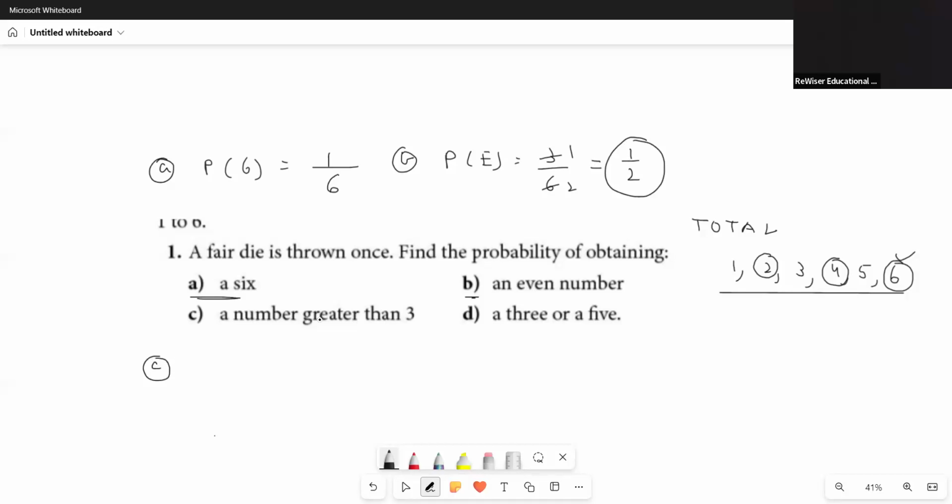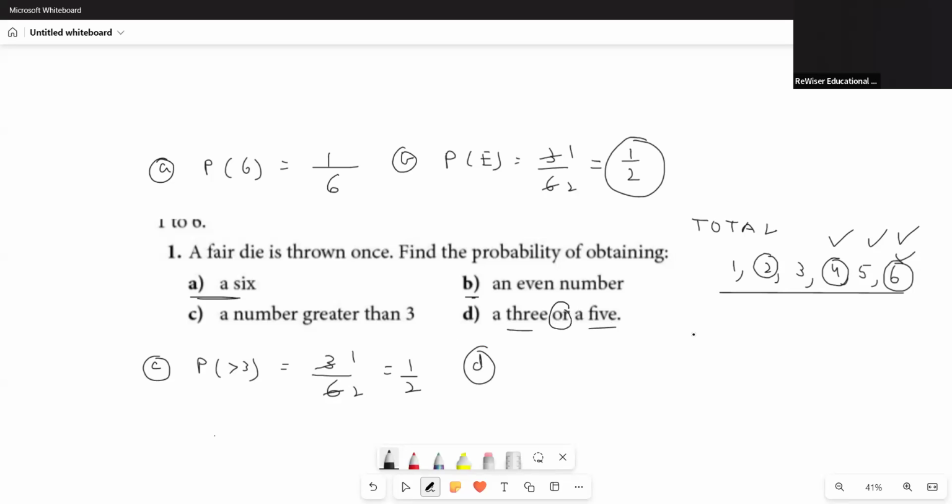Number C, a number greater than 3. If I'm talking about a number greater than 3, it can be 4, 5, or 6. So there are 3 such numbers, and again the total outcome is 6. We can reduce it and write the answer in the simplified form. Now, part D, a 3 or a 5. Or means we have to add the probabilities.